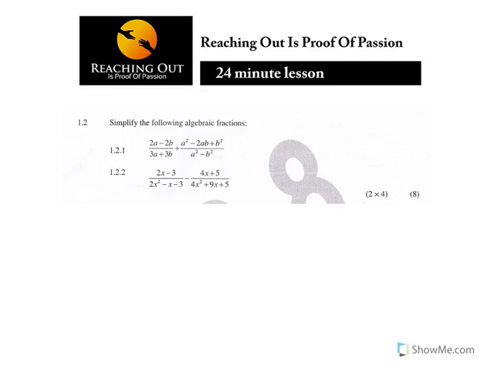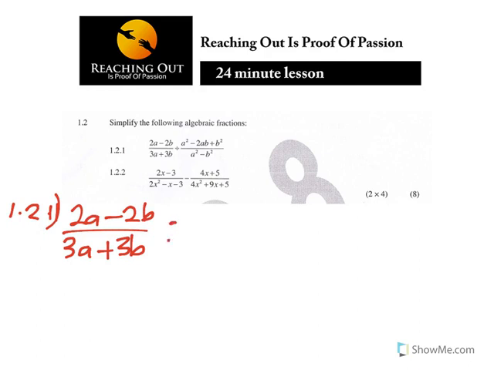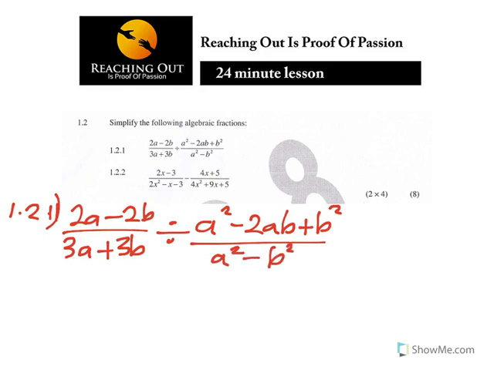We'll start with 1.2.1. Now 1.2.1, it says you have to simplify (2a minus 2b) over (3a plus 3b), divided by (a squared minus 2ab plus b squared) over (a squared minus b squared).